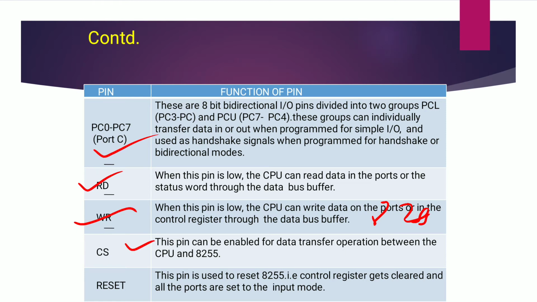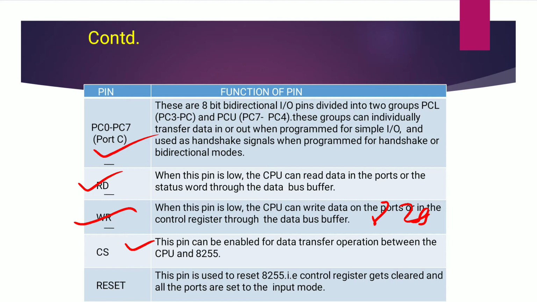Now CS bar. It stands for chip select. A low on this input selects the chip and enables the communication between the 8255 and the CPU. It means when this pin is low, communication takes place between the microprocessor or CPU and 8255.